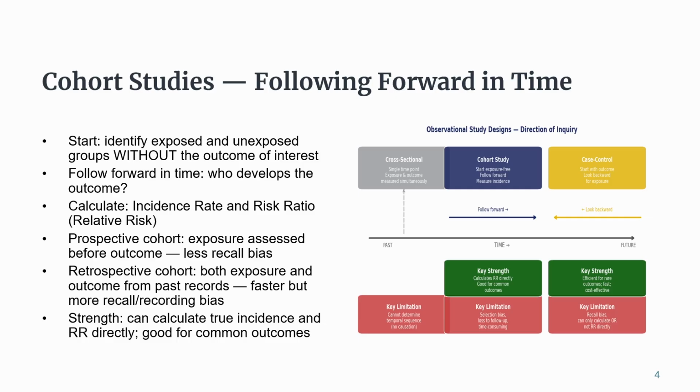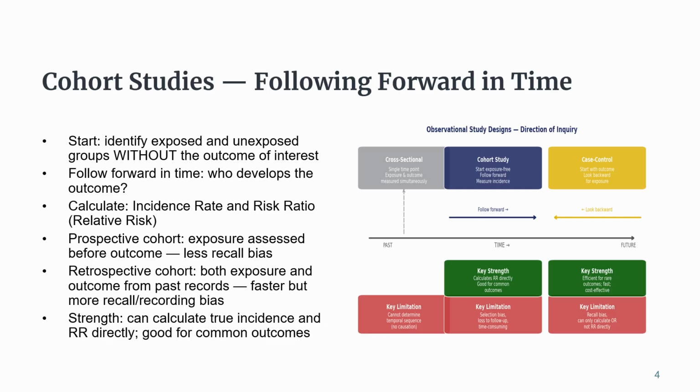This temporal sequence, exposure before outcome, is critical for causal inference. It's also what allows you to calculate the true incidence rate and the risk ratio directly. If 20% of exposed dogs and 8% of unexposed dogs develop the outcome, your risk ratio is 2.5.